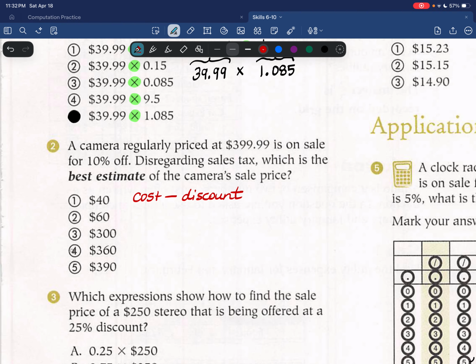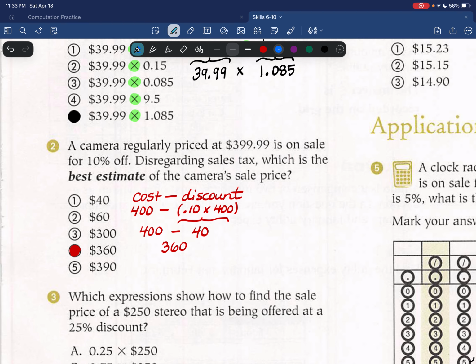So the cost, and we want to estimate, so the cost is about $400, and the discount would be 10% of $400. And this is going to be $40. So 400 minus 40 is $360. And that would be your estimate.